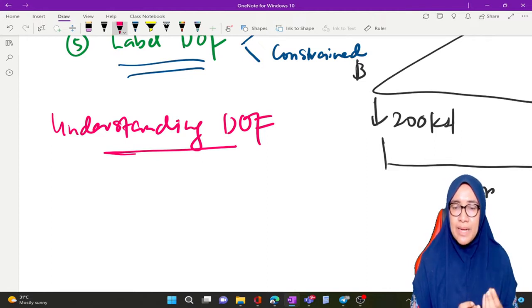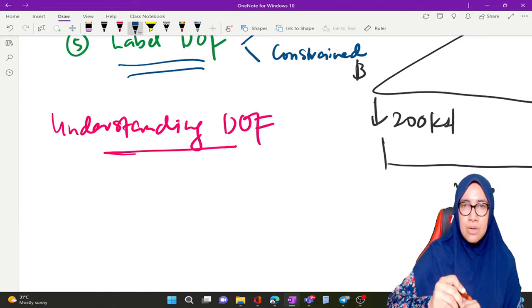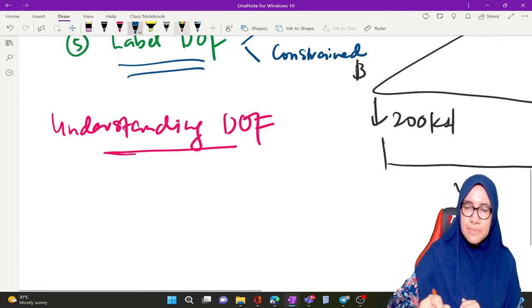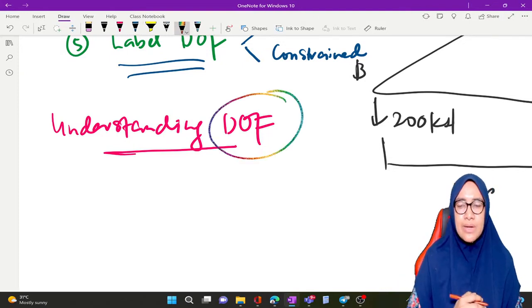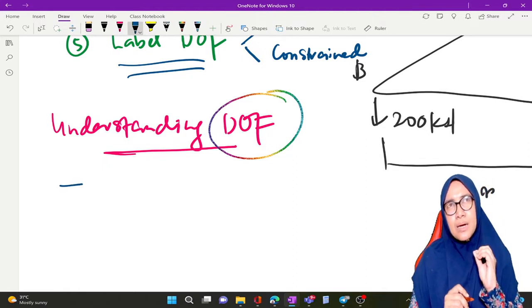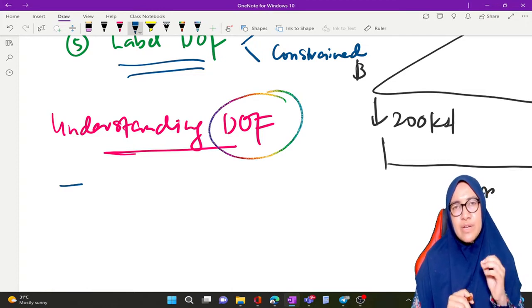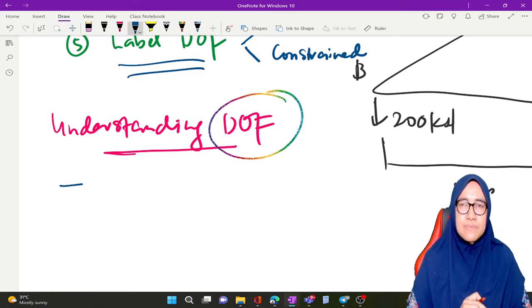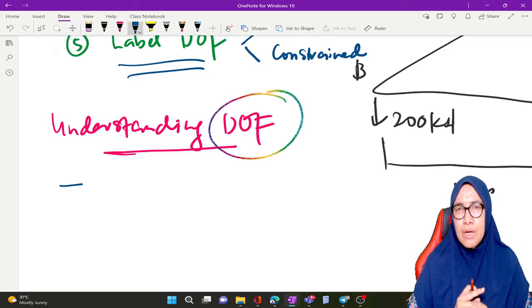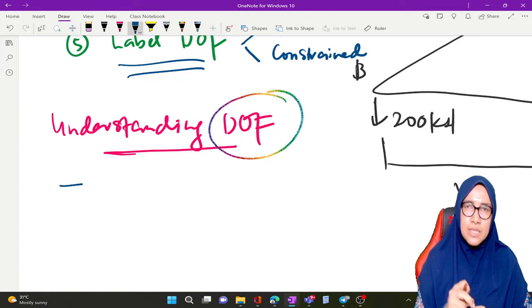The term degree of freedom actually refers to displacement component. That is the term used in the textbook.